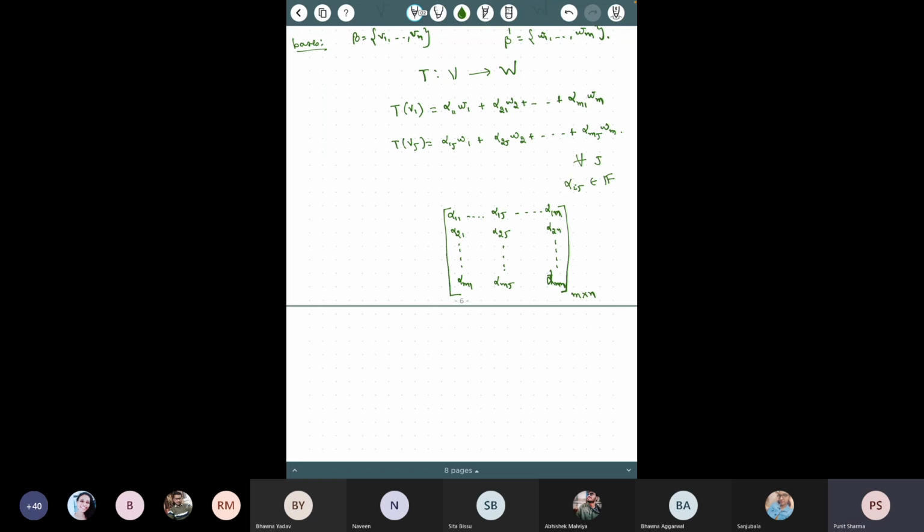Okay, this matrix is called the matrix of T with respect to the bases B and B dash. So this is the notation we use. This is called the matrix of T with respect to bases B and B dash.